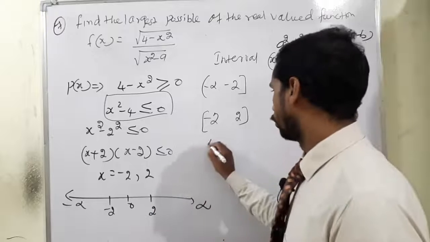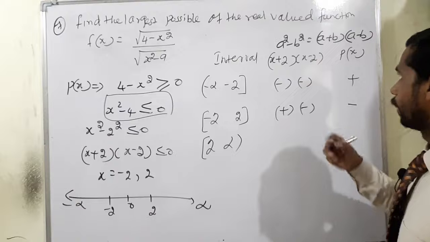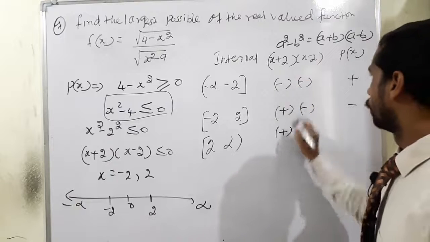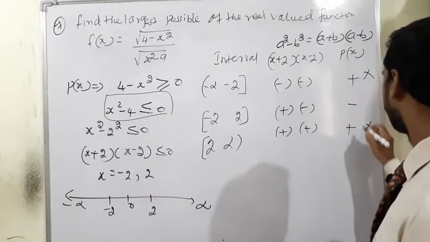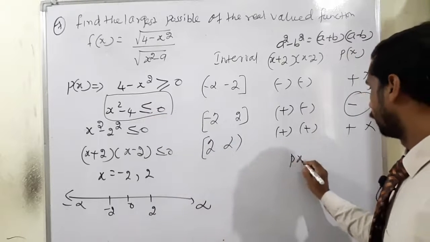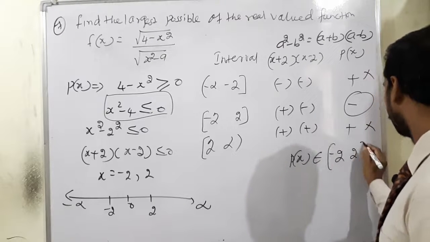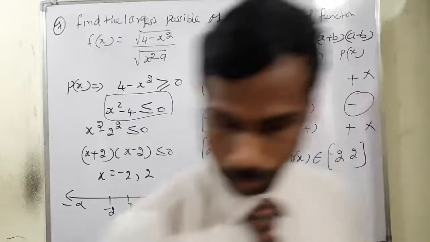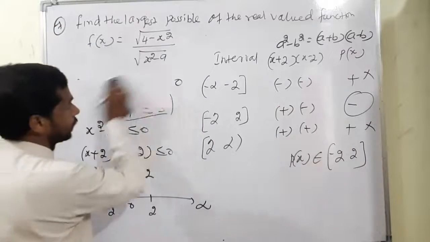Next condition 2 to infinity: take 3, 3 plus 2 and 3 minus 2, again plus. This is also wrong because we are taking the less-than value. Therefore the first condition, p of x belongs to minus 2 to positive 2. Next one, for the denominator consider q of x.